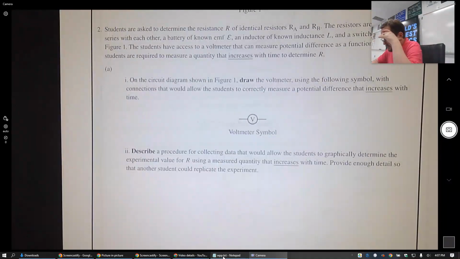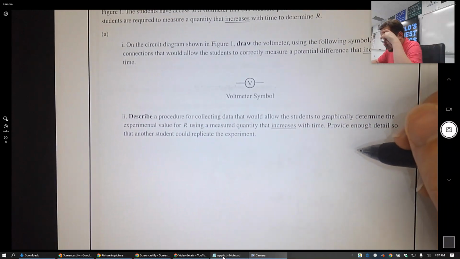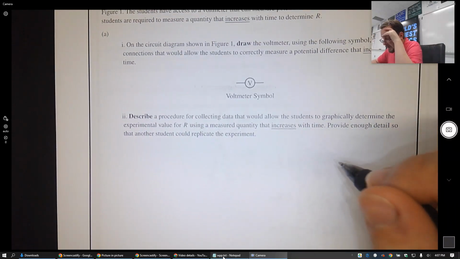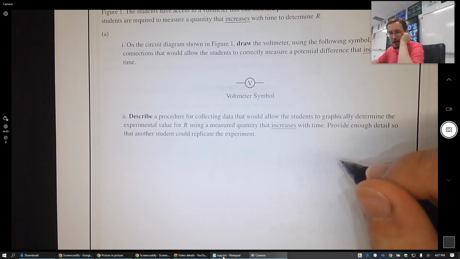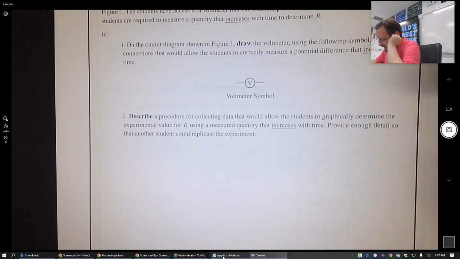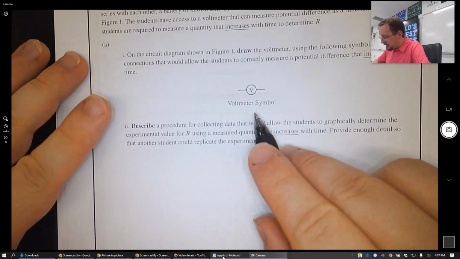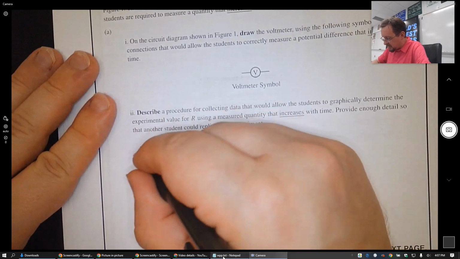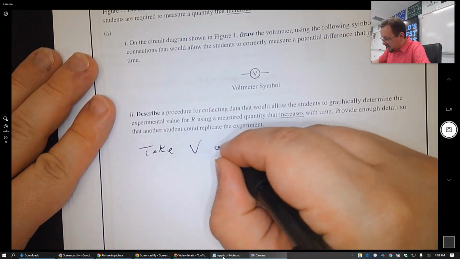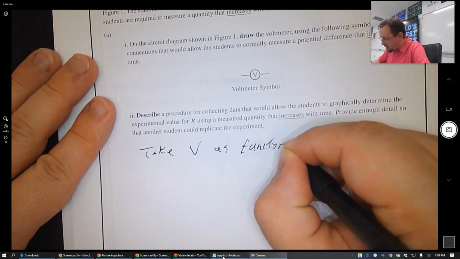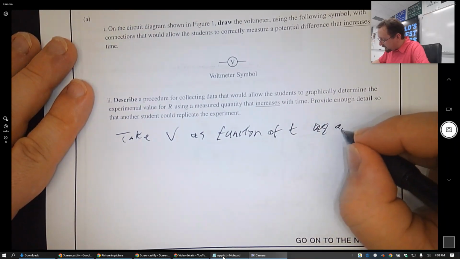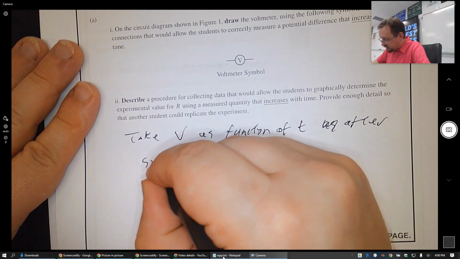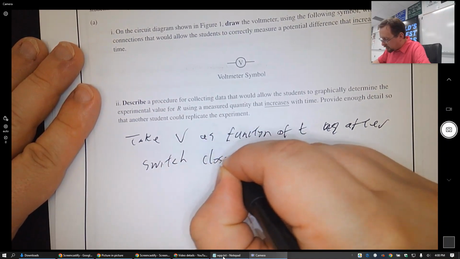Now, this time you can't really take the natural log. That's not going to help. So I'm thinking about what I'm going to do. I still want to take voltage as a function of time after the switch closes.